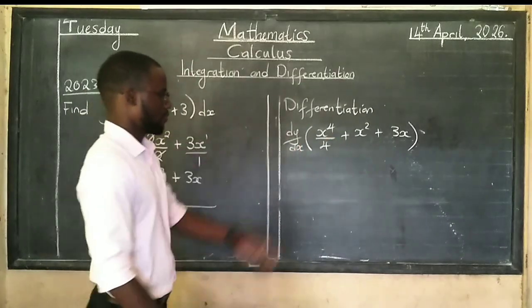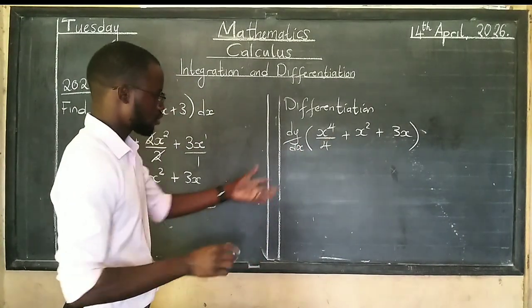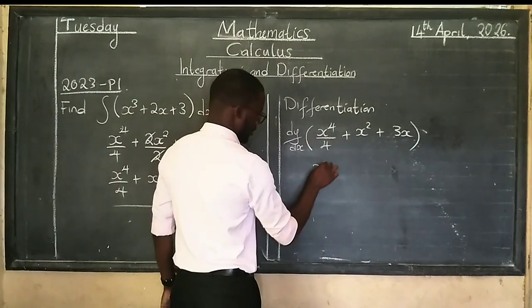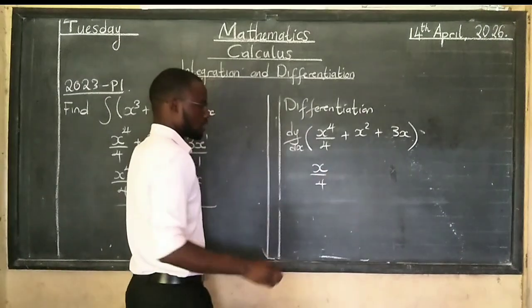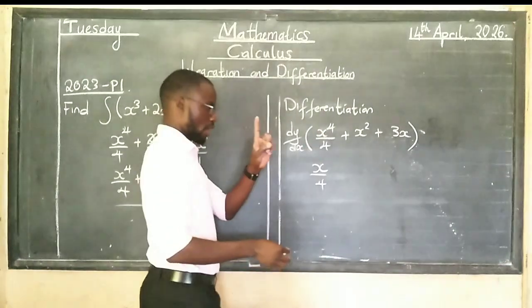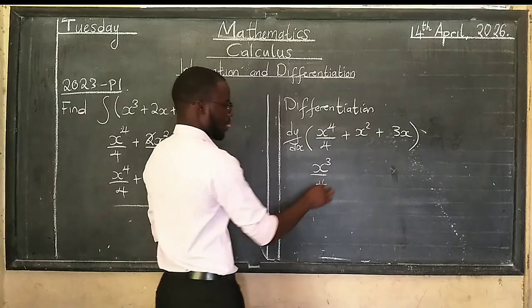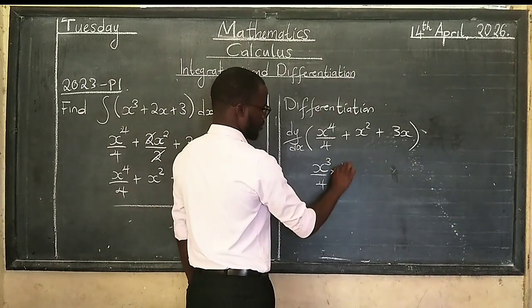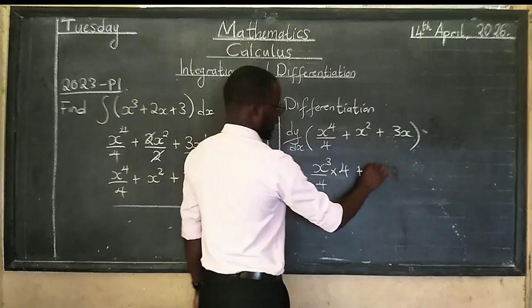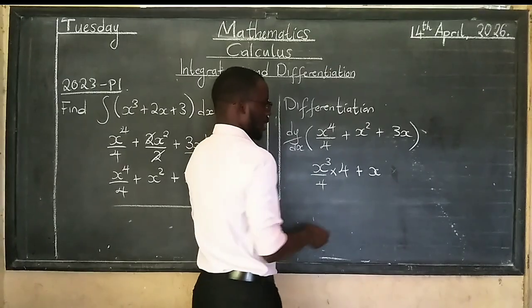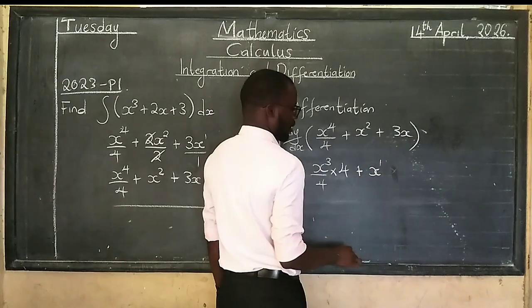So for this one, again, we are going to just go straight to the point. So x as it is, the 4 at the bottom as it is, the power, we subtract 1, becomes 3. Then we multiply by the old power, 4, plus this x as it is, the power we subtract by 1 becomes 1.